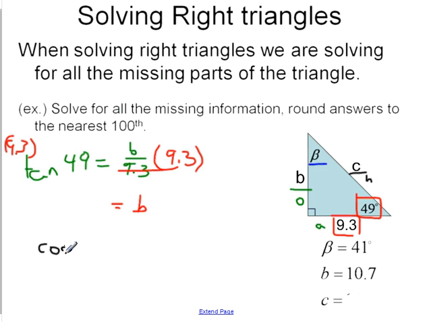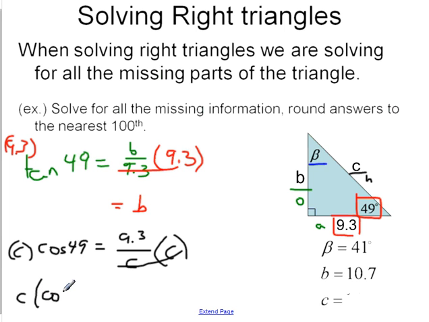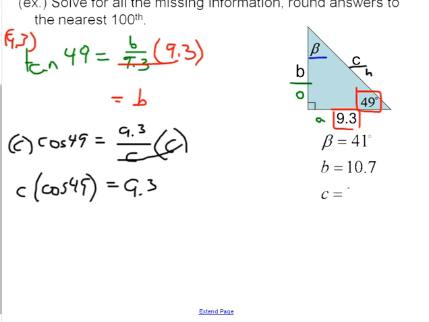So we're going to take the cosine of 49 degrees and set it equal to 9.3 over C. One way to get C out of the bottom of the fraction here is to multiply both sides by C. Those go away, and so I'm left with C times cosine of 49 equals 9.3.